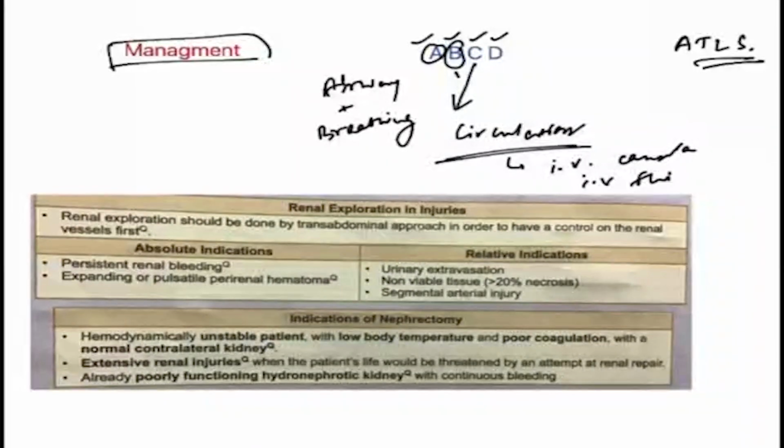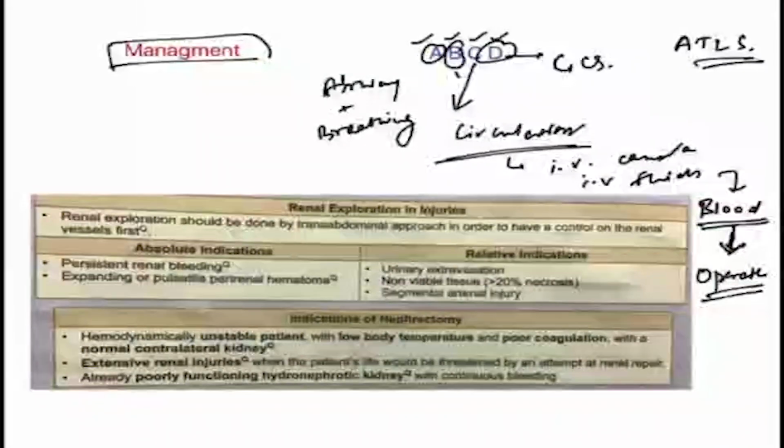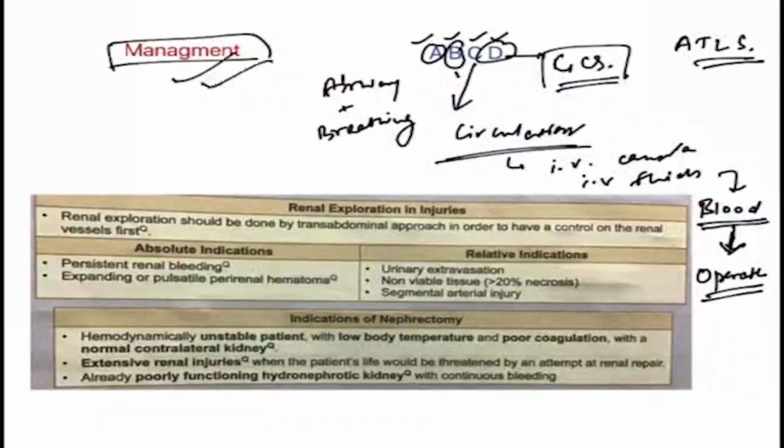After the airway and breathing has been secured, then for circulation we put IV cannula and we give IV fluids, and if the patient is not improving, then we give blood, and even after this resuscitation, if the patient is not getting hemodynamically stable, then we operate the patient. D for disability, that is GCS. So any trauma patient will be evaluated by this guideline.